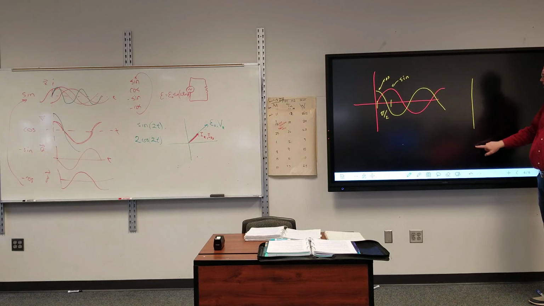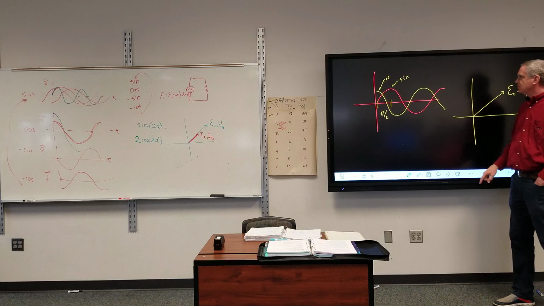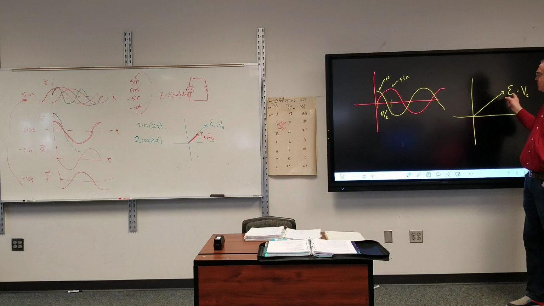So in my phasor diagram, I have my voltage phasor for the power supply. It is also equal to my voltage phasor for the capacitor. But my current phasor, let's see, I started out with that as a cosine.